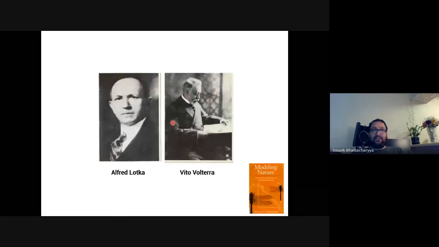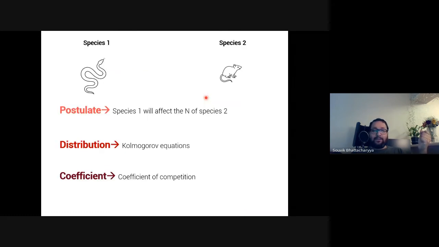They calculated this separately. Lotka was an insurance company calculation expert in New York, and Vito Volterra was a professor of statistics in Italy. As I said, in a mathematical model there are three different things. So let's look at this example.